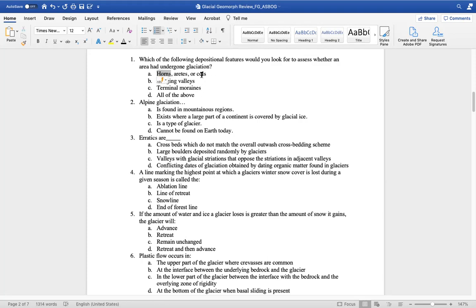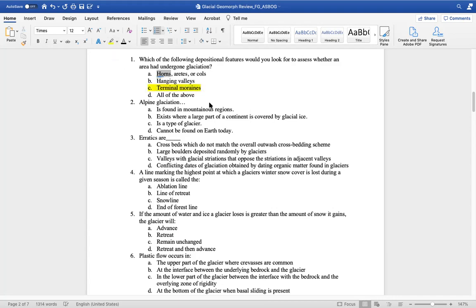Horns, arêtes, or cirques, these are all erosional features. Whereas a terminal moraine is a depositional feature, and moraines are associated with glaciers, so the correct answer is C.